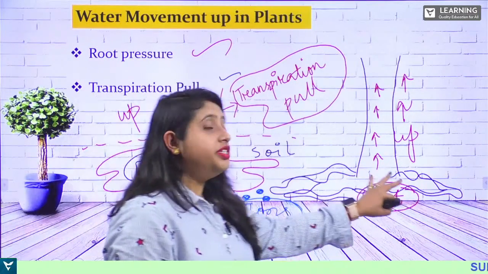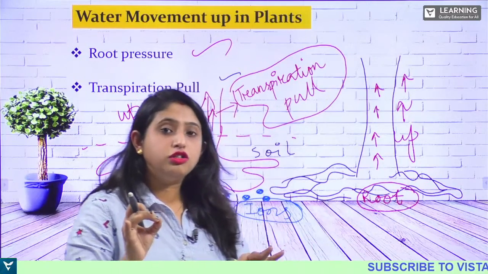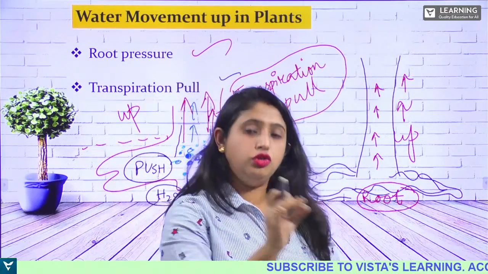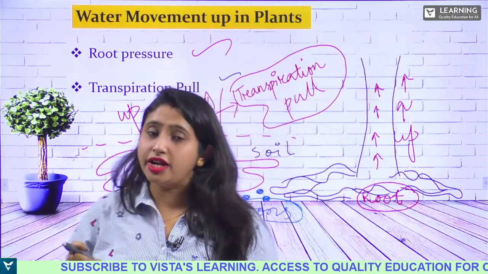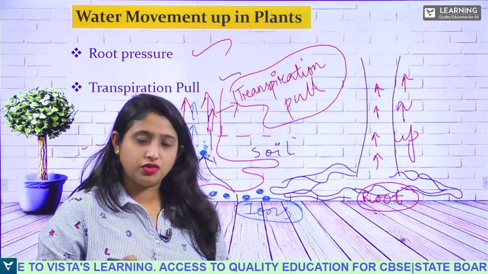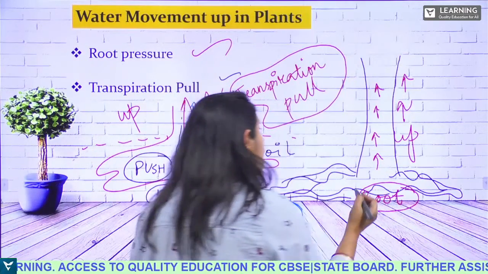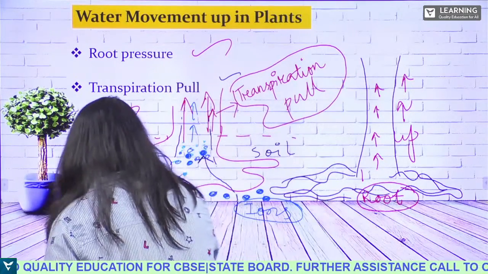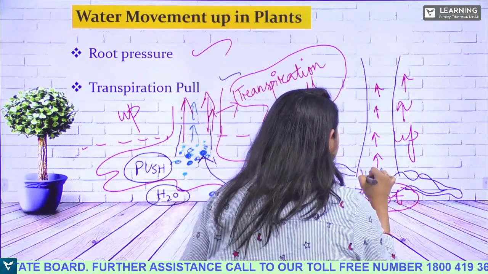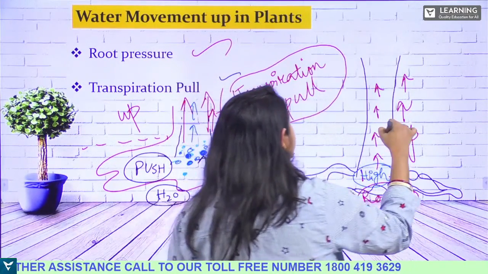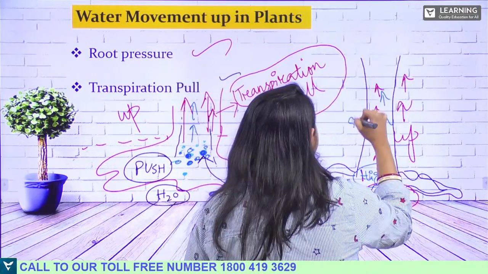So what happens in diffusion? That is movement of molecules from higher concentration to lower concentration, through gradient, it also depends upon the gradients. So here the ions are in higher concentration, the molecules are in higher concentration, so they move to all the different parts, that is the stem.